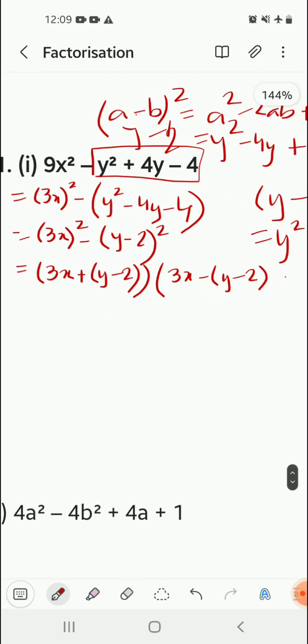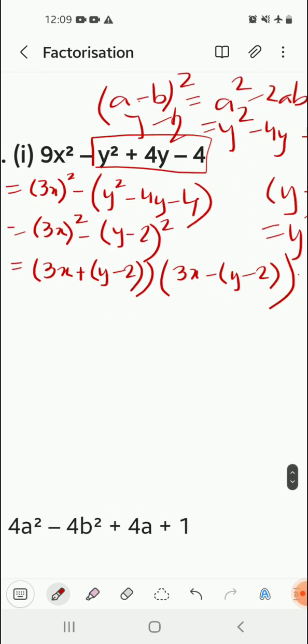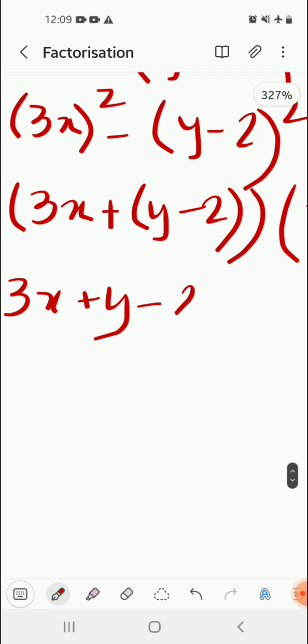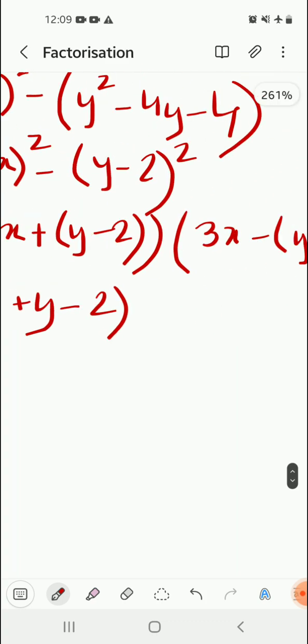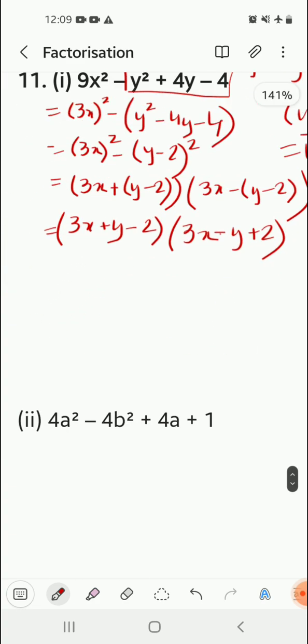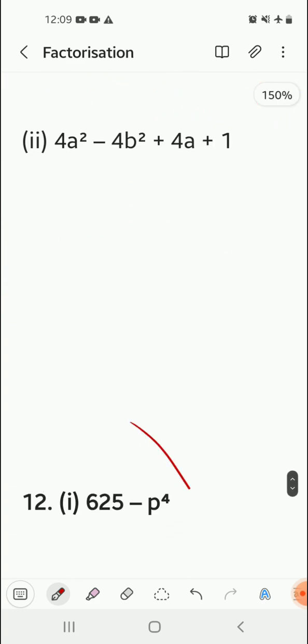Solve the brackets, we get 3x plus y minus 2 into, again here, 3x minus y plus 2. That's it. Moving on to the next question.